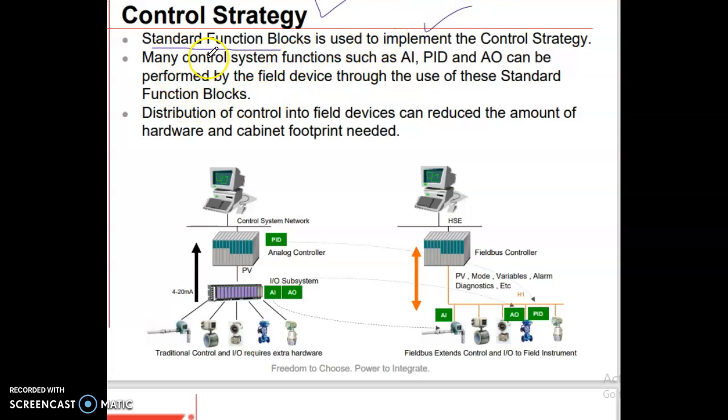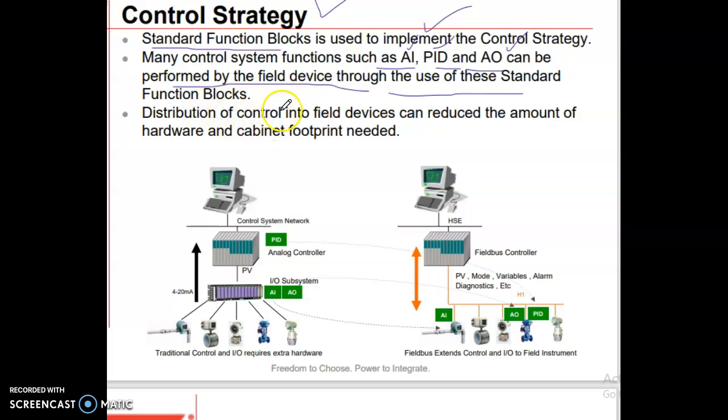For control strategy purposes, many control system functions such as AI, analog input, PID, and AO, analog output, can be performed by the field device through the use of these standard function blocks.